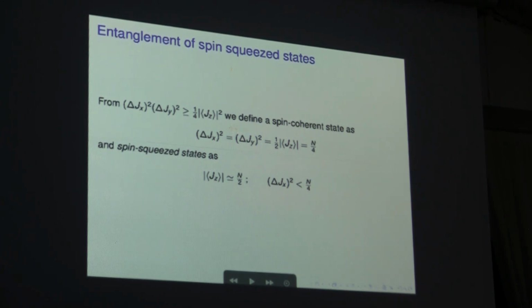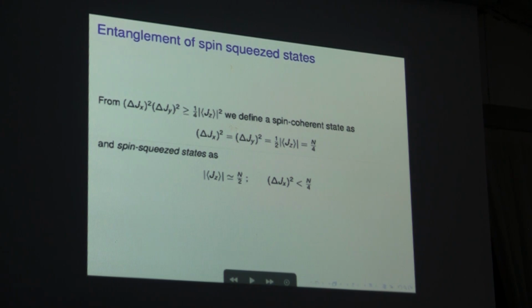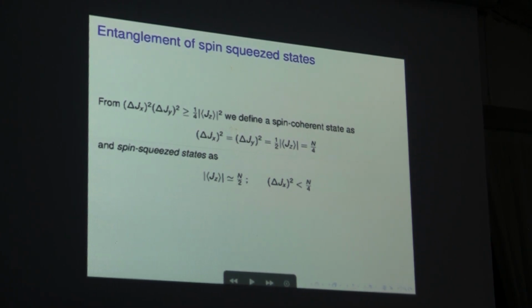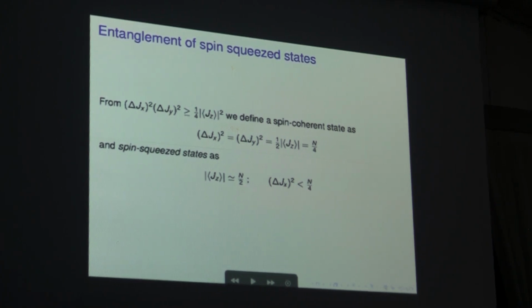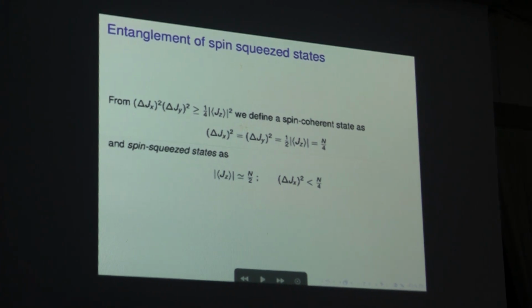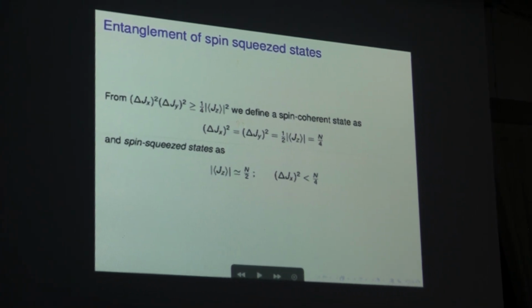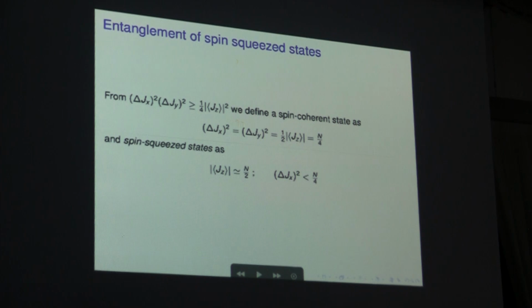The other interesting thing is that these criteria are connected with what is called the spin squeezed state, which was introduced in a slightly different context, only about metrological applications and in analogy with bosonic squeezed states, but it was not connected with entanglement in the very beginning.